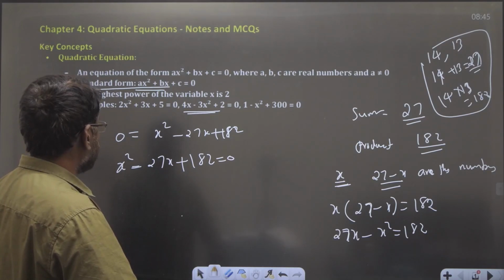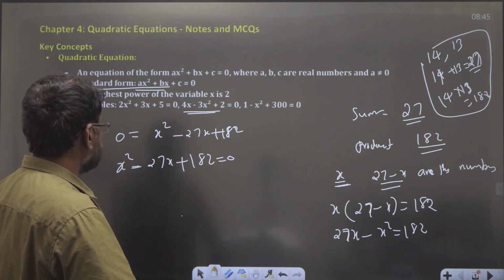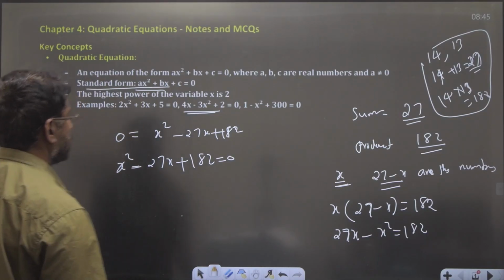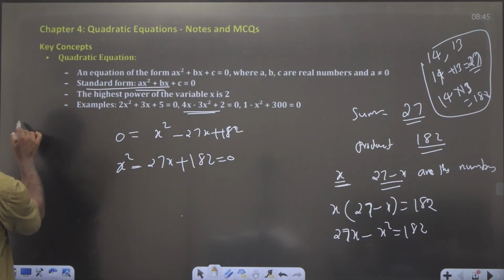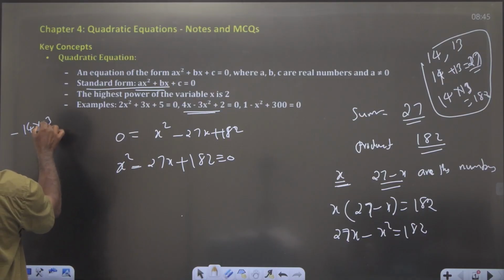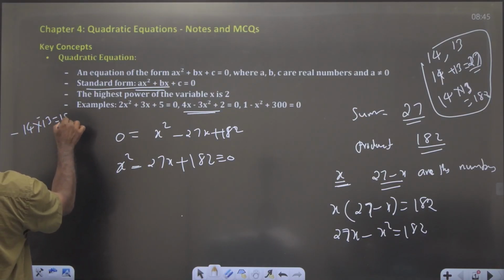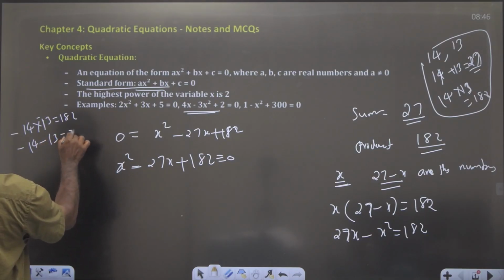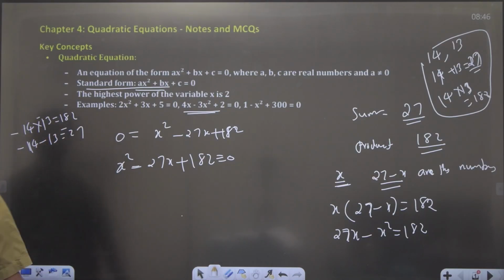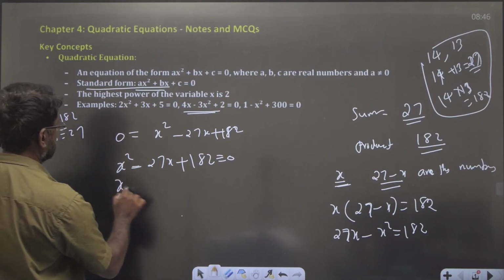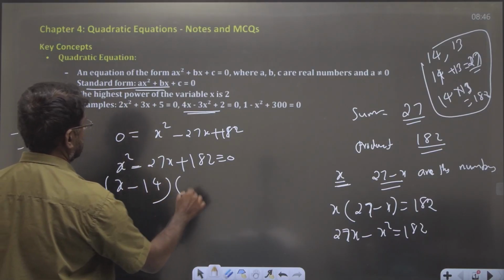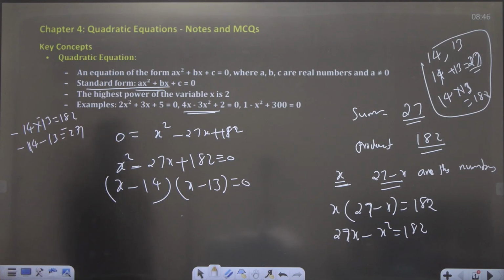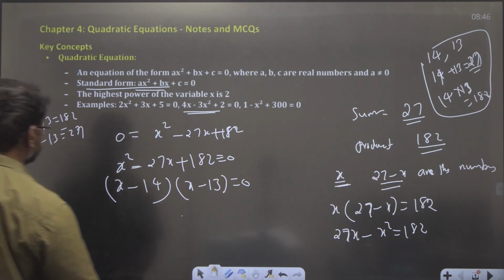Okay, assume two numbers whose sum is minus 27 and product is 182. So the numbers are negative 14 into negative 13 equal to 182, and negative 14 minus 13 equal to minus 27. So this can be x minus 14 into x minus 13 equal to 0.